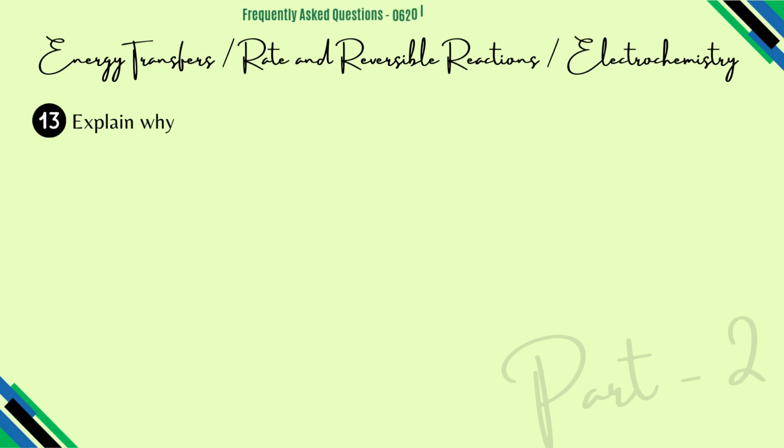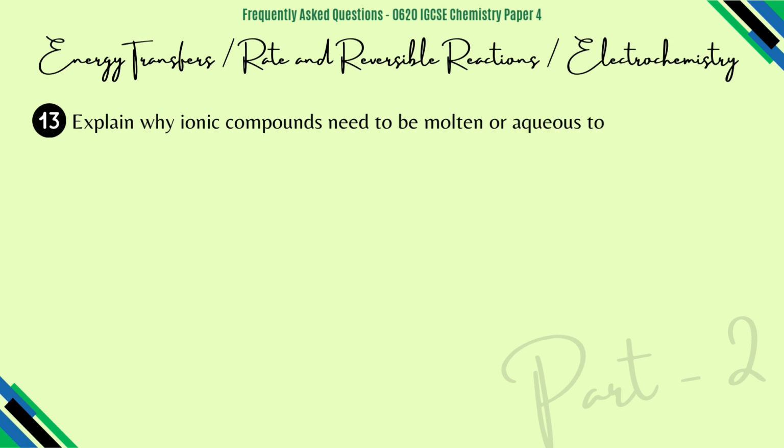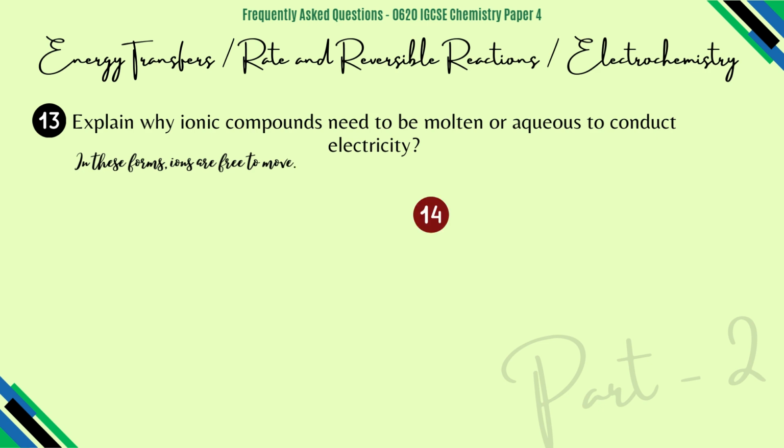Question 13. Explain why ionic compounds need to be in molten or aqueous form to conduct electricity. As we know, in ionic compounds the ions are in a lattice structure, they are tightly packed, and they are not able to move. In the molten or aqueous form, they will be able to move freely. Number 14, why is graphite used as an electrode?